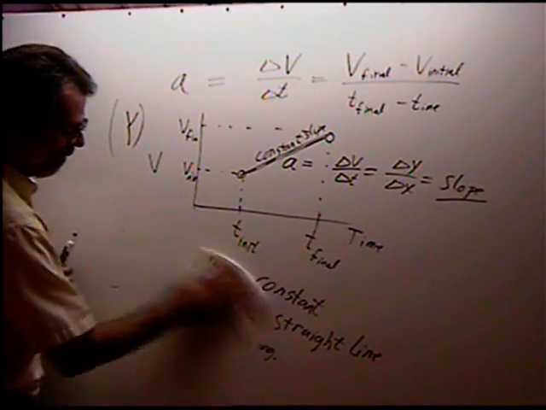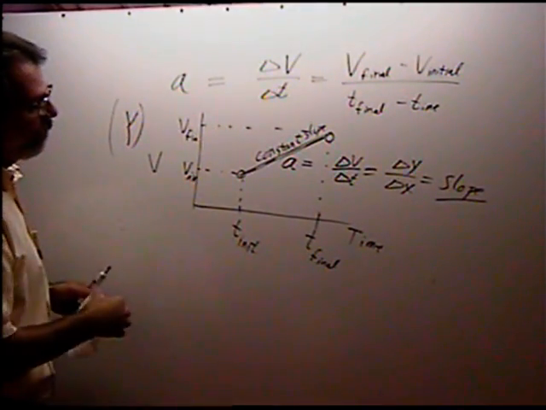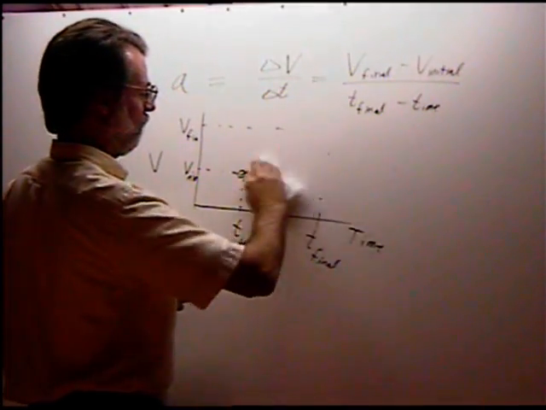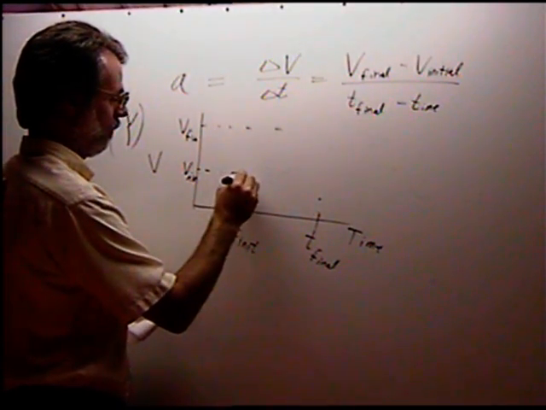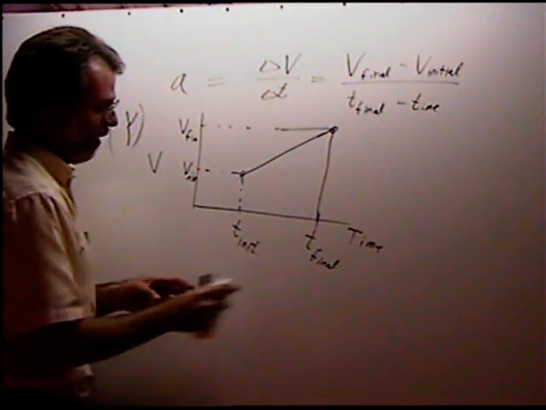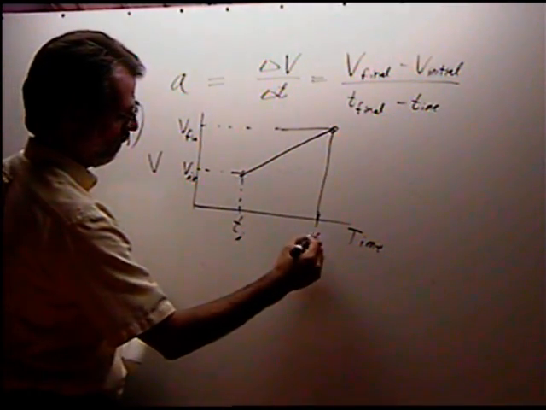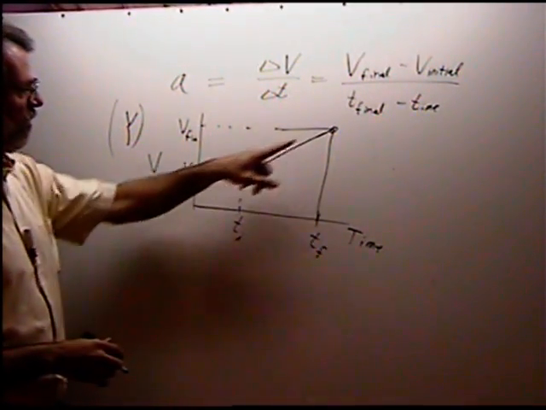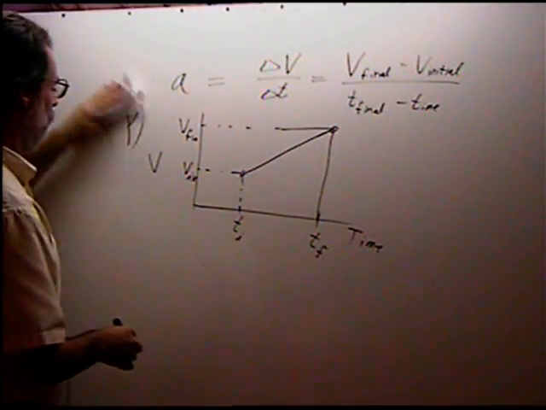Okay, now notice that I'm going to clean this up just a little bit. Notice in this case, whenever we have constant acceleration like this, because this slope is constant, from this point to this point we have a straight line, we can also talk about an average velocity.